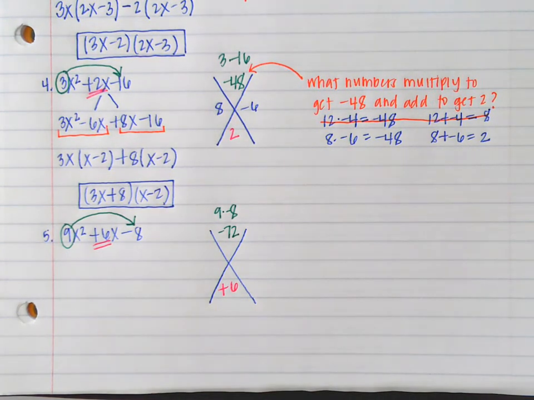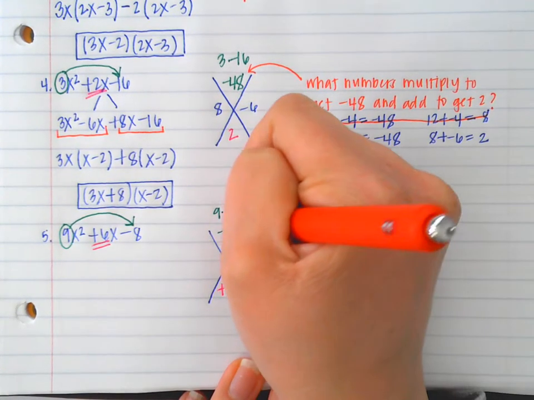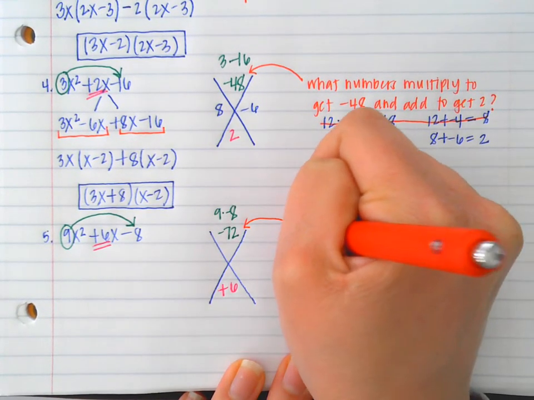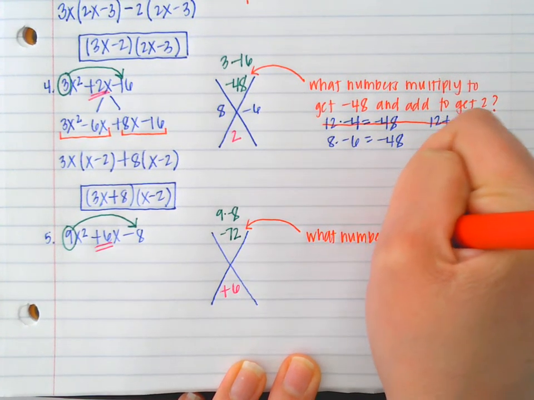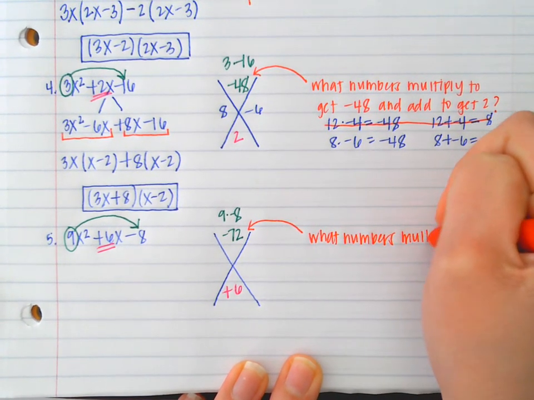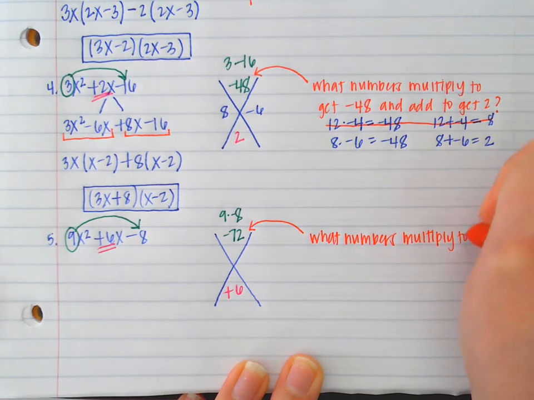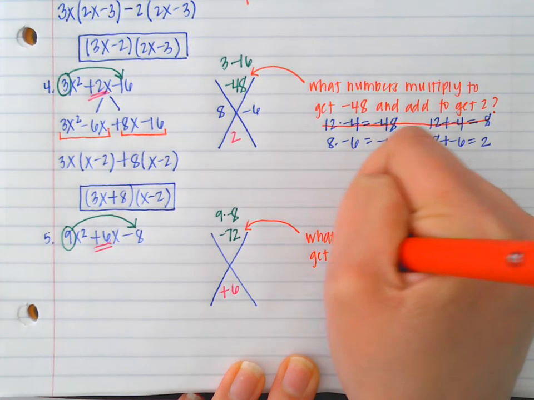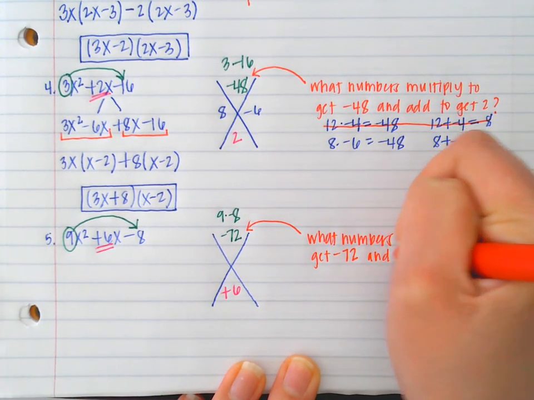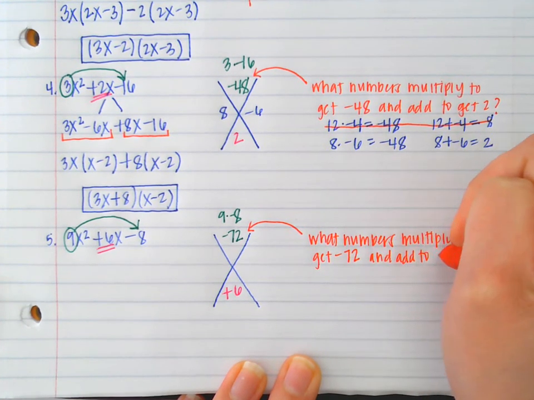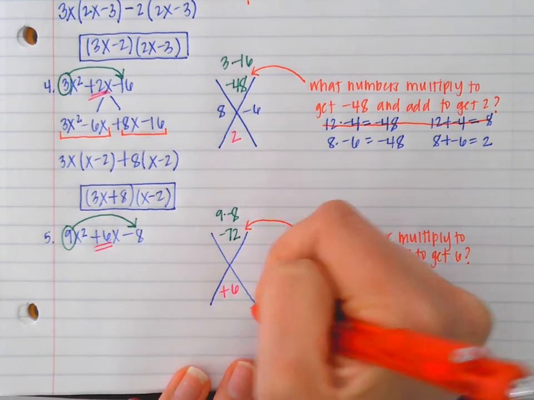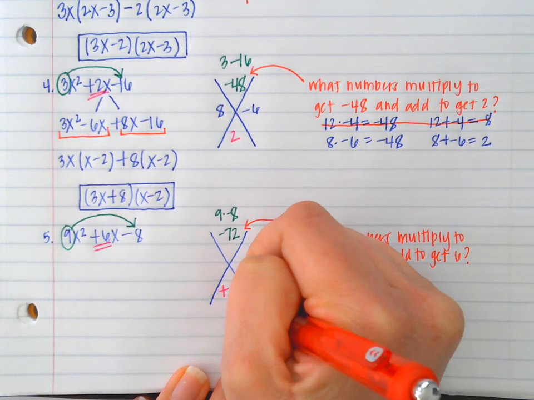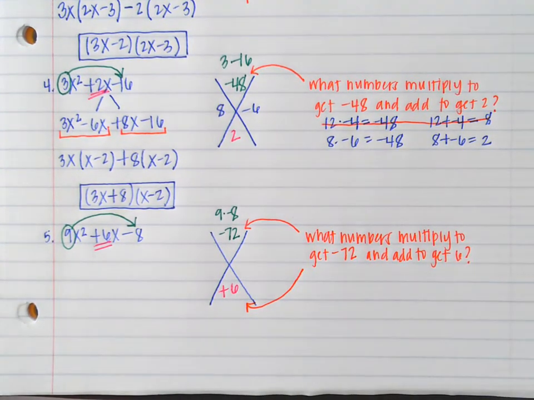So my question always: what numbers multiply to get negative 72 and add to get 6? Okay, so I'm thinking, what are my two numbers?